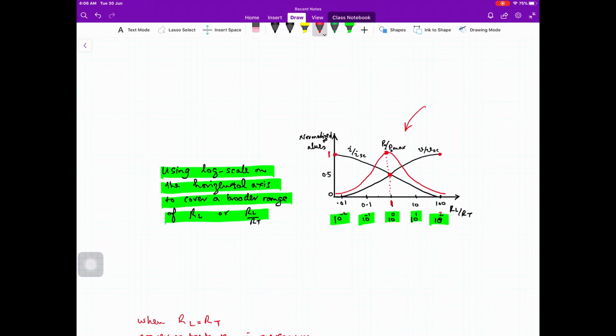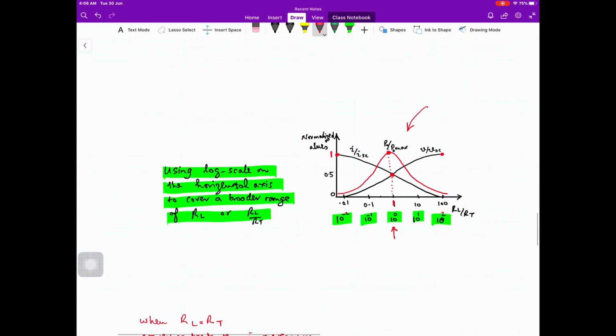And if we adjust this ratio of RL over RT here, so at this point RL is equal to RT, we can visualize it better, we can see it clearly. Interestingly, at this point, when maximum power is delivered to the load, the voltage and current are not maximum.